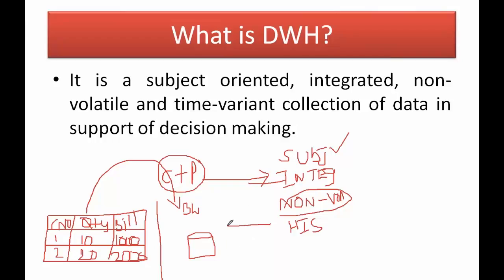After loading into BW, I can see the same values. Customer number 1, 2, quantity 10, 20, bill is 100, 200. So what is the total amount? 300. When I load this into BW, I made a mistake adding 10. That's a 2000 I made. So what is the amount here? 2100 is the total amount. I made a mistake.